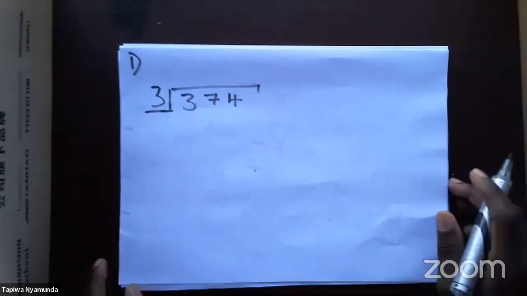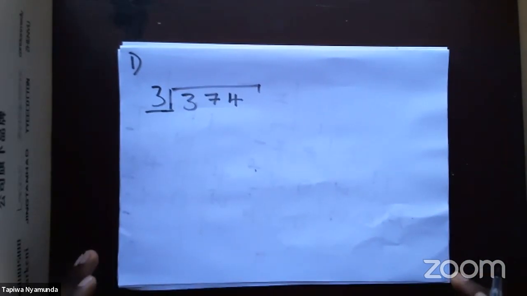Let's say this is the question. Can you see the question clearly, guys? I know there is something that appears to be written at the back of the paper. Can you see clearly? Okay, so this is the question.